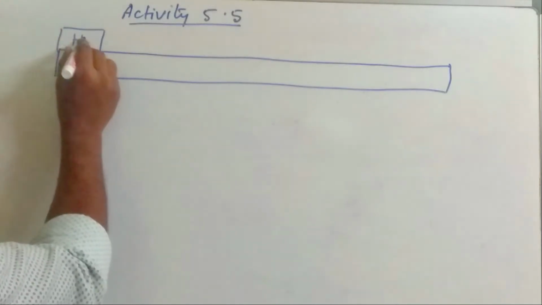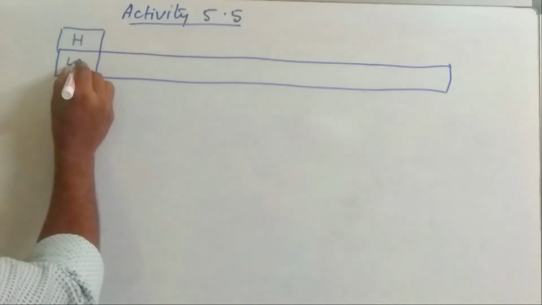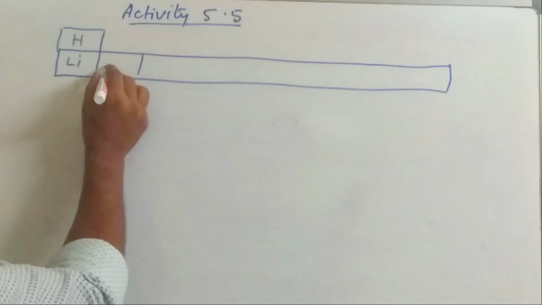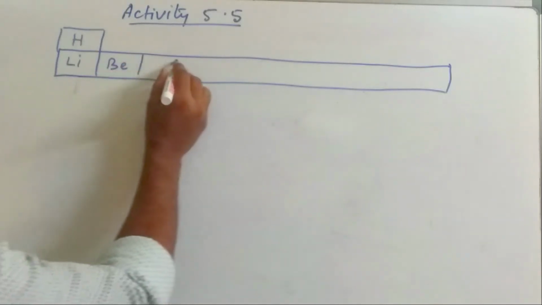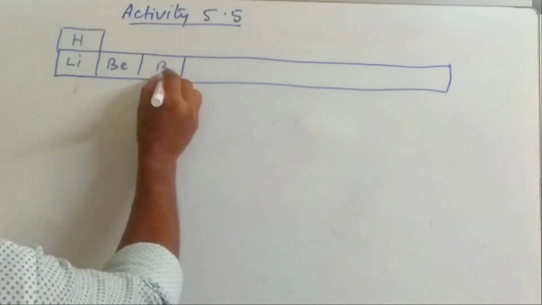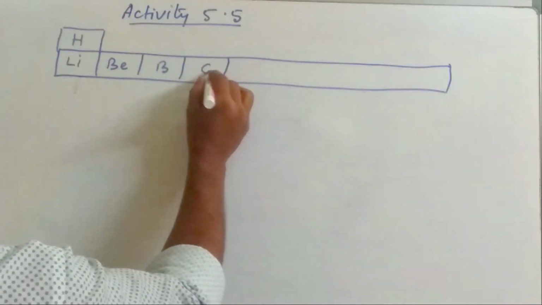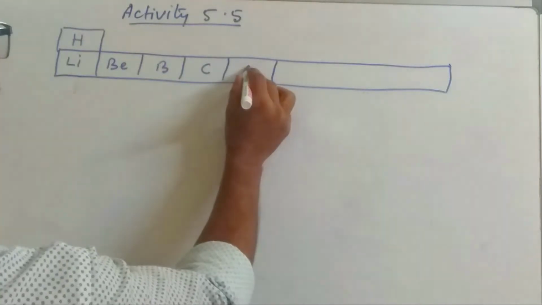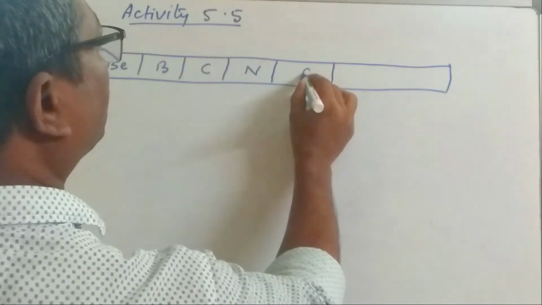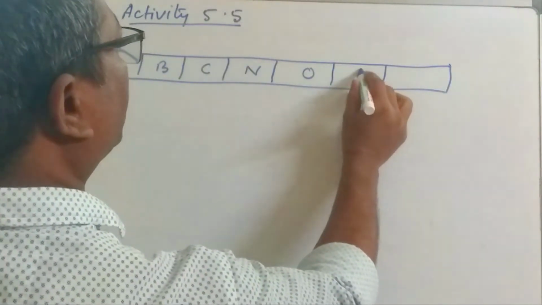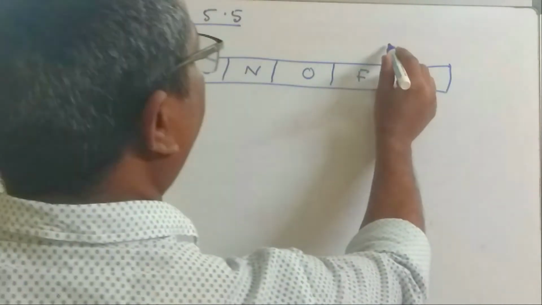First period, hydrogen, here it is helium. Then lithium, beryllium, boron, carbon, nitrogen, oxygen, fluorine.